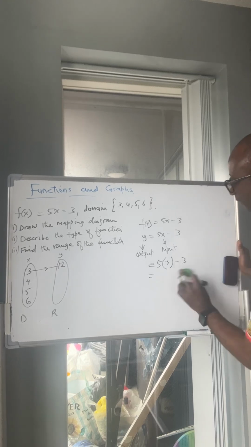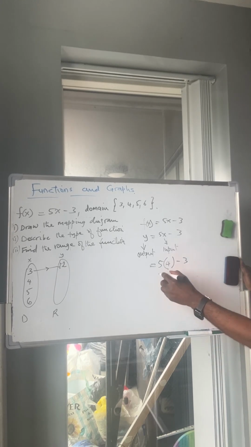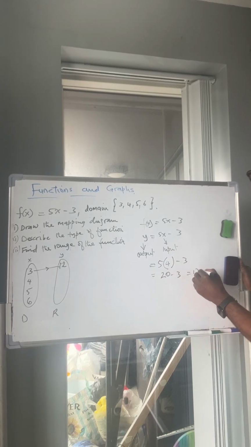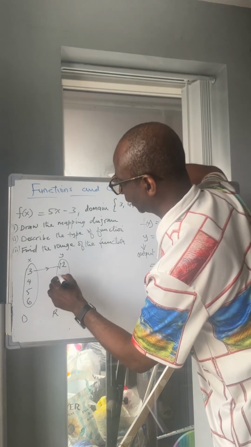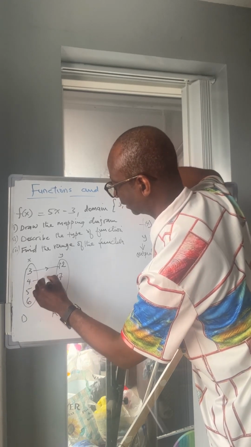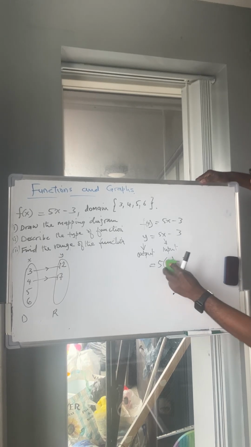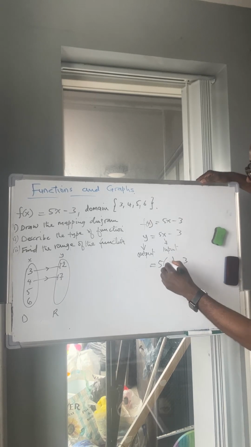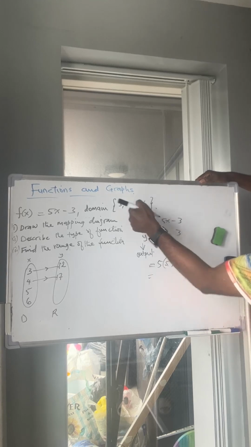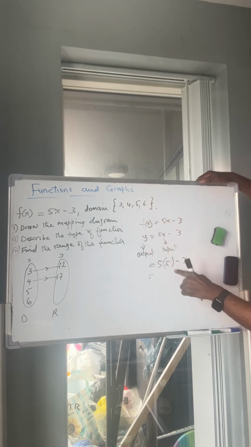What if now we have 4? This gives you 20 minus 3, which is 17. So 4 maps to 17. What if we have 5? We take the domain element and put it into the function.